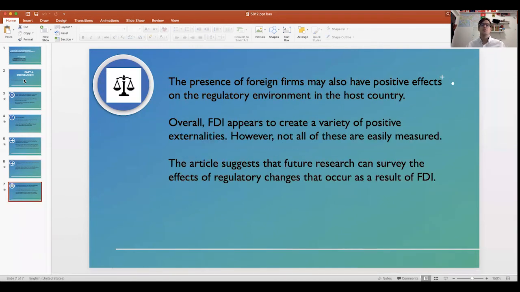The presence of foreign firms may also have positive effects on the regulatory environment in the host country. Overall, FDI appears to create a variety of positive externalities. However, not all of these are easily measured. The article suggests that future research can survey the effects of regulatory changes that occur as a result of FDI.